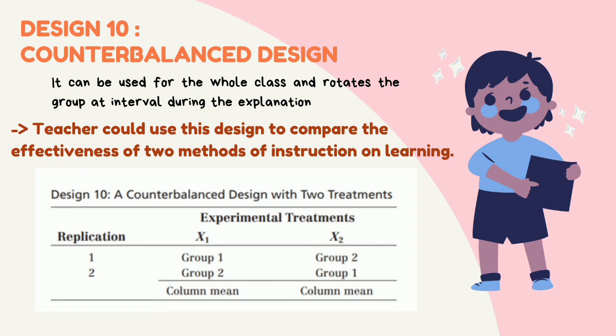Teachers could use this design to compare the effectiveness of two methods of instruction on learning. The comparison of the column mean scores at the bottom of the table indicates the effectiveness of the methods. The mean score also indicates the performance of the cell groups on the dependent variable under the treatment represented by the column.